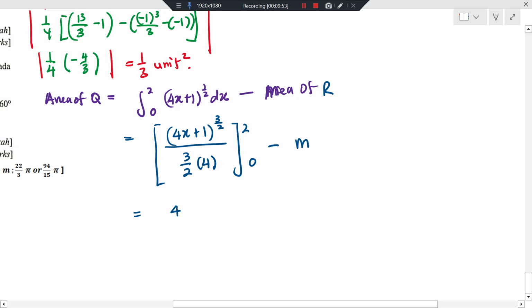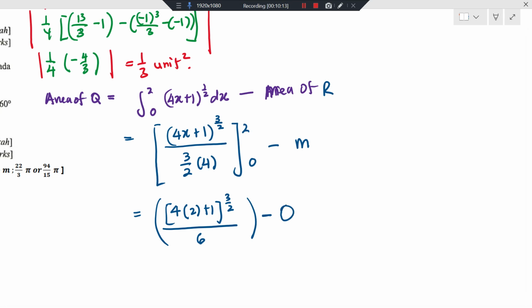We try to substitute first. For x, we replace with 2, plus 1, 3 over 2, over 3 over 2 times 4, which is actually 6. Minus, if I put 0 here, it won't be everything 0, so don't simply put 0. That is wrong. And then minus M.